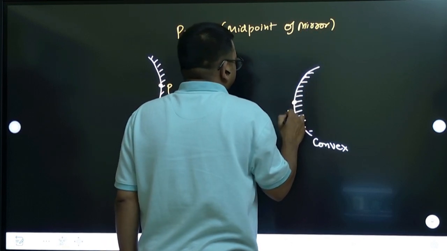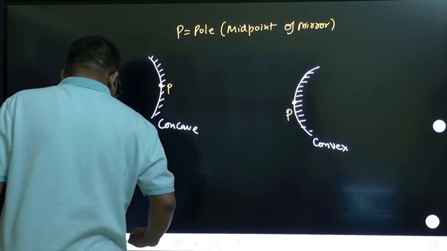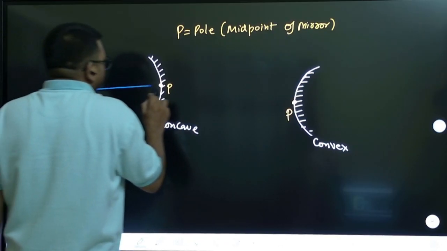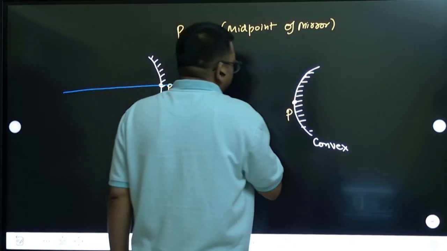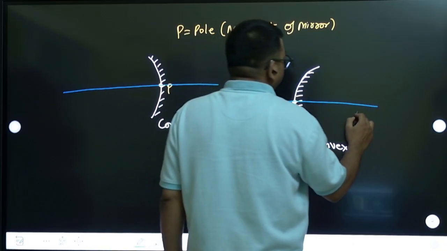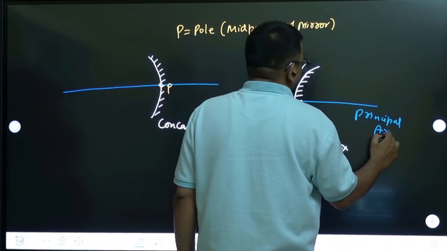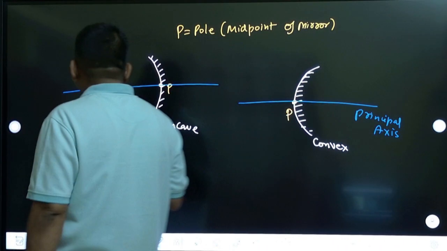Here also the midpoint. And a line which cuts this mirror into equal halves is called the principal axis. The principal axis is a normal line.